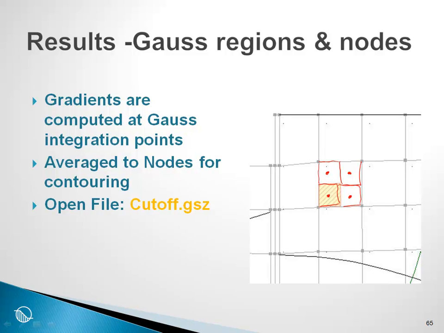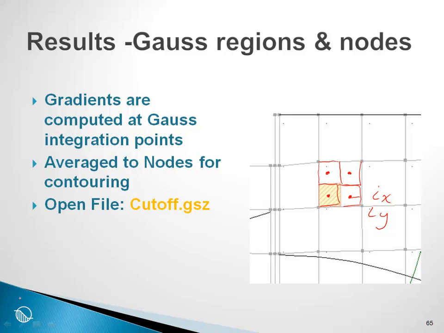We can get the Ix and Iy at each of these Gauss points directly from the SEEP solution. When we click in the element, we shade a region, but it's really at a particular point in the element where we compute the gradients.